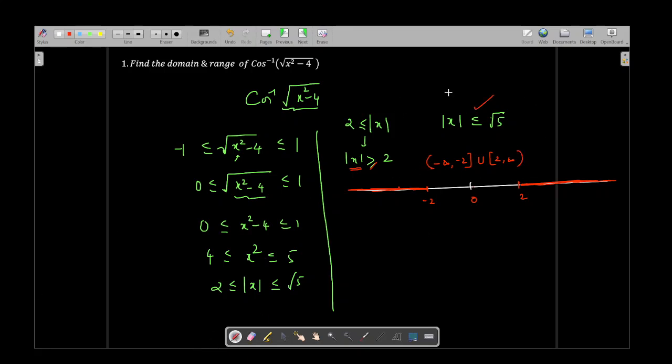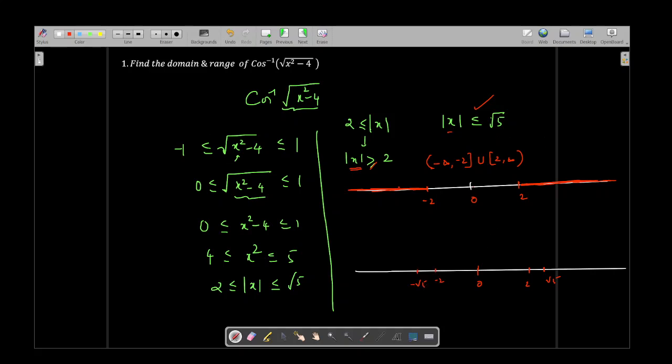Now what about this? Here we have 0. Root 5 is greater than 2. So let me take root 5 here, which is greater than 2, and -2 is here. Let's take minus root 5 here.